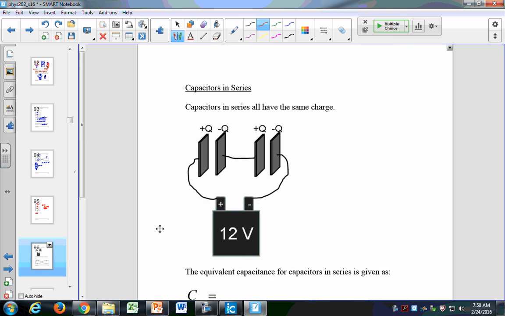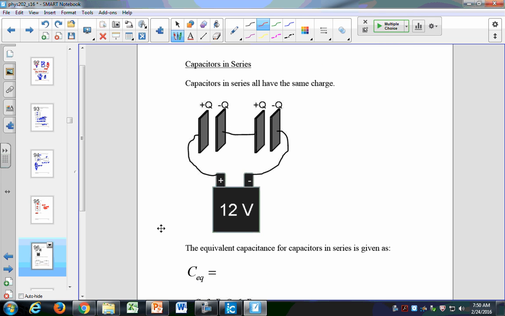Now let's look at capacitors in series. These are a little more complicated, a little more difficult to deal with. If I have capacitors in series, they'd be hooked up like this. I can imagine them as my two metal plates here, my two metal plates here. My battery here is going to put a charge on this capacitor.